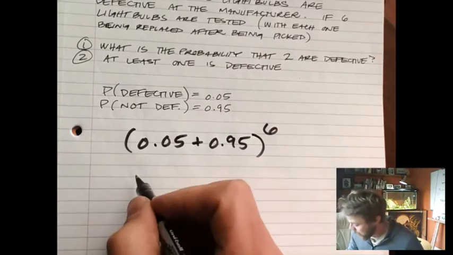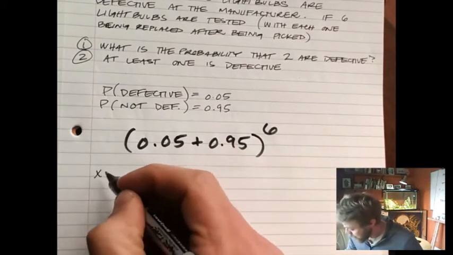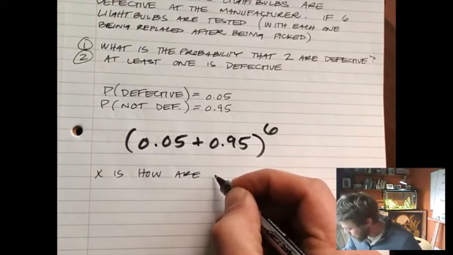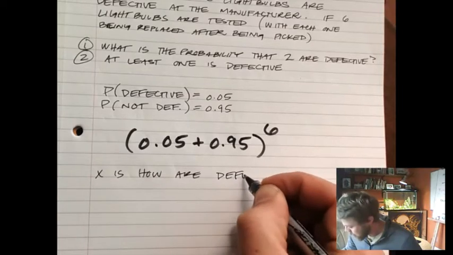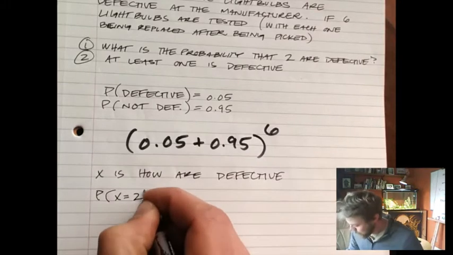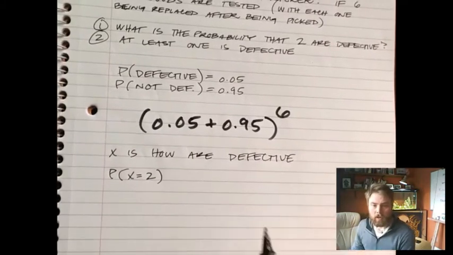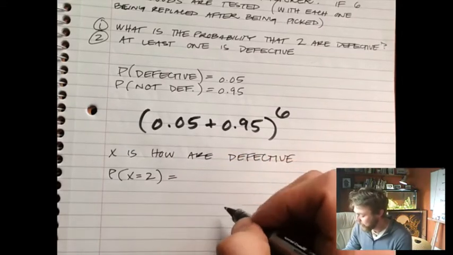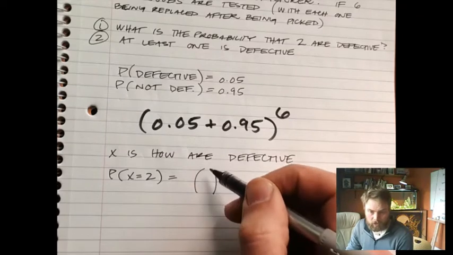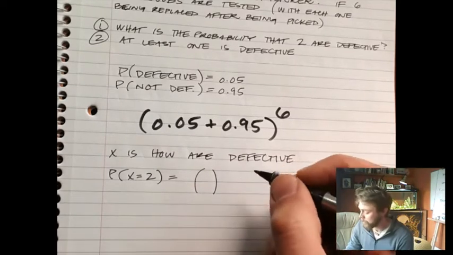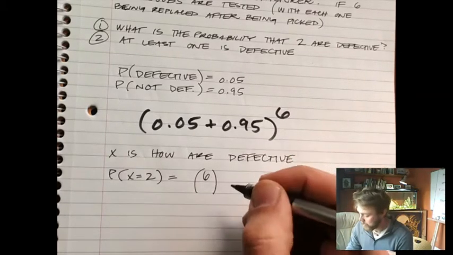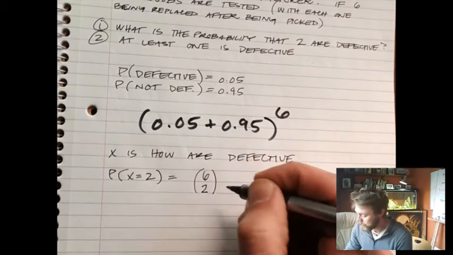So let's say X is how many are defective in this case. So probability of X is 2 would be, let's see, without writing all that out, it's going to have the binomial coefficient, that's the number from Pascal's triangle, and there's going to be 6 because there's 6 trials, and we want the one that is 2.